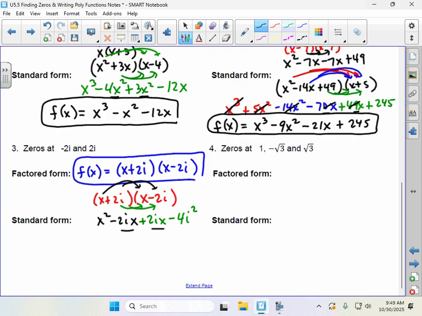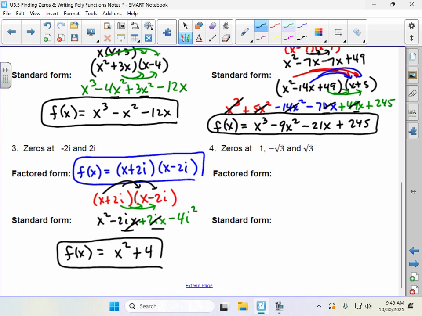Now these two middle ones are going to cancel out. So those go away. So I have x squared. Now negative 4i squared, remember it's going to be plus 4 because i squared is negative 1, and negative 1 times negative 4 becomes plus 4. Okay, so plus 4. All right, and there's standard form. x squared plus 4.